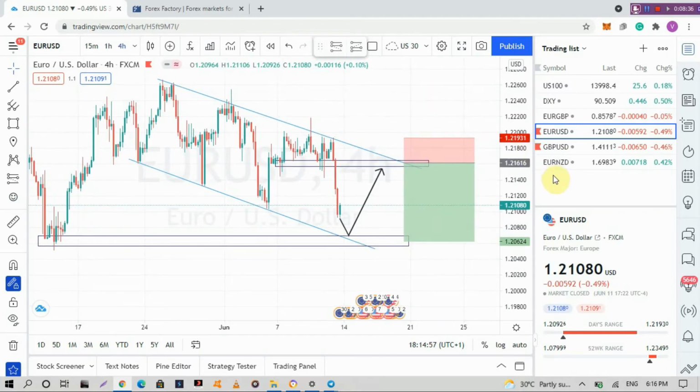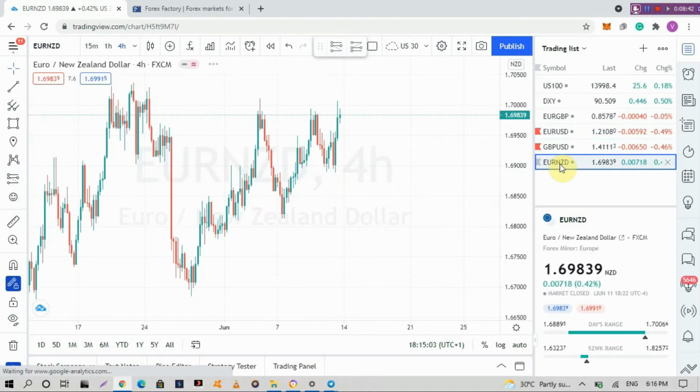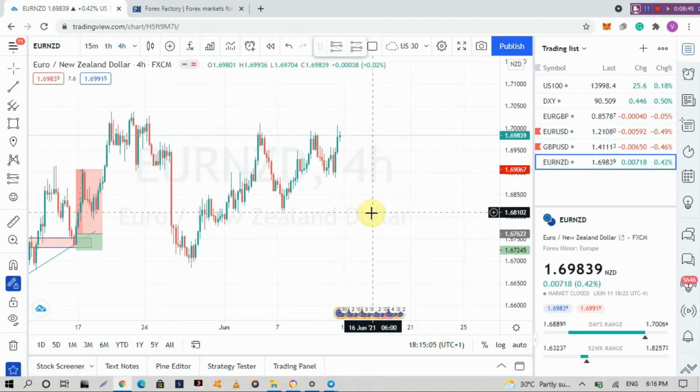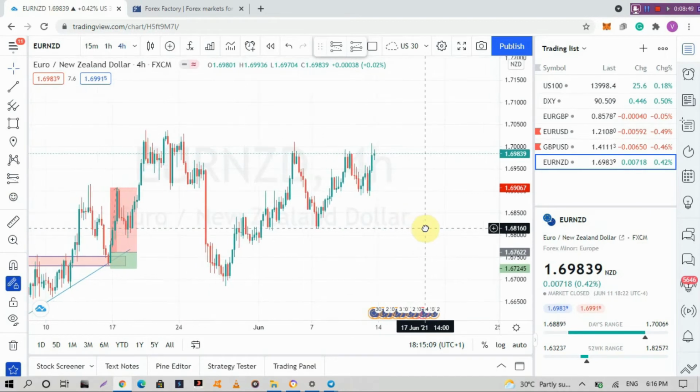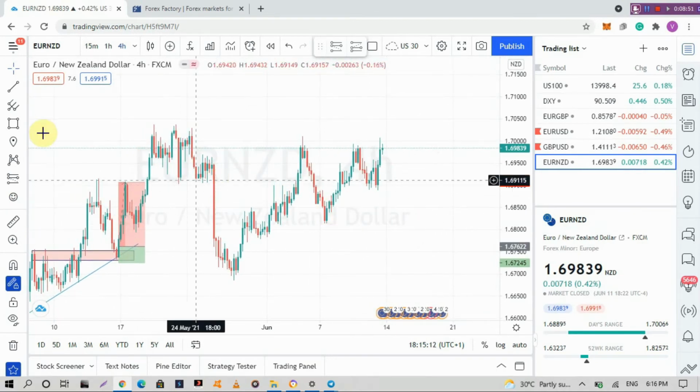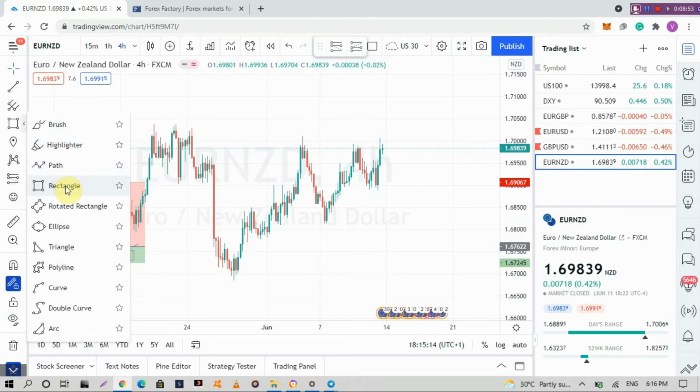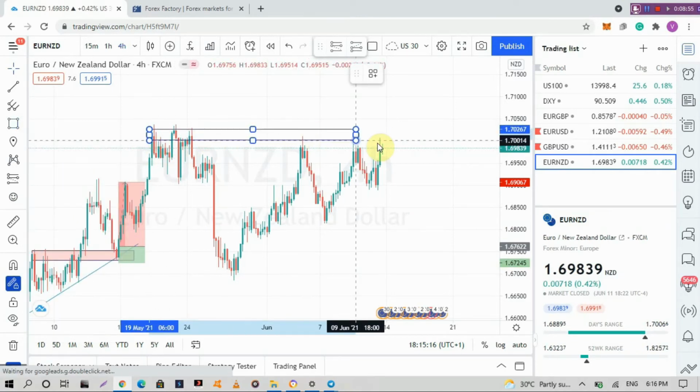Next I would be going to my third pair for the coming week, which is EURNZD. From EURNZD I can see that price has been making highs into this resistance zone.